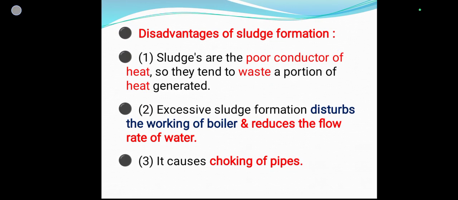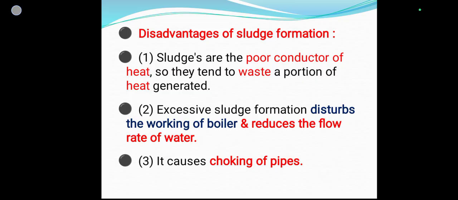Now simply imagine sludge getting produced inside the boiler and depositing on the inner side of the boiler. What will happen? As we are applying heat to the boiler from outside, the applied heat gets absorbed by the sludge present inside the boiler.